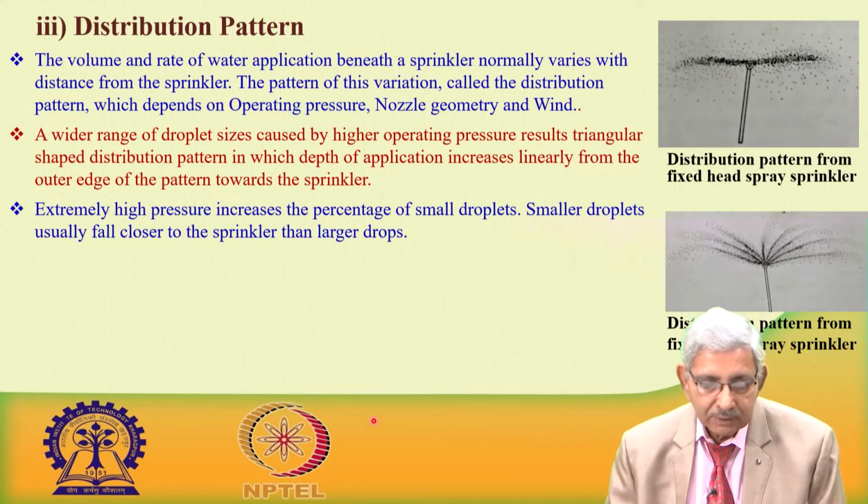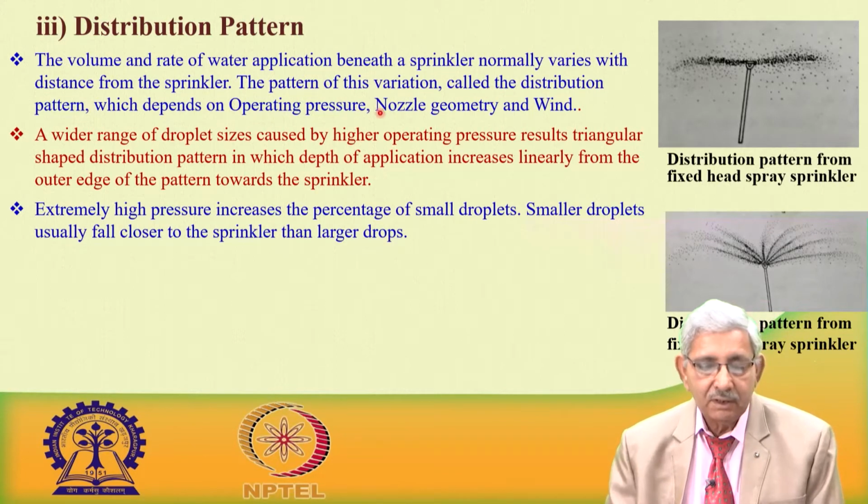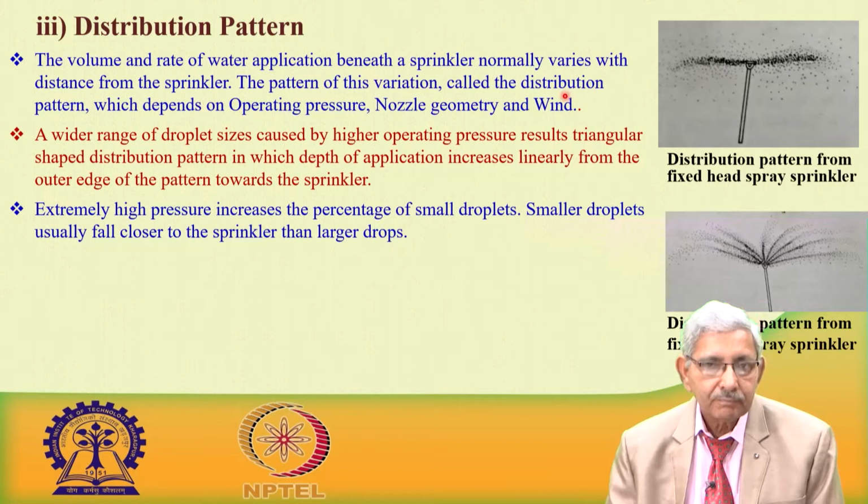Distribution pattern, how the water is being distributed. Again I am telling you, that will depend upon the operating pressure, nozzle geometry, wind speed, etc. There are several things which influence the distribution pattern.